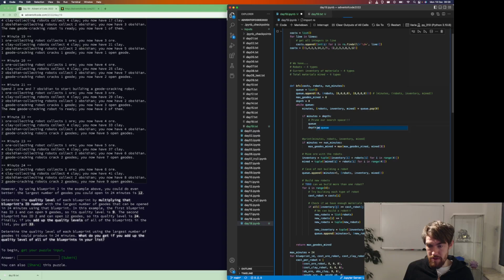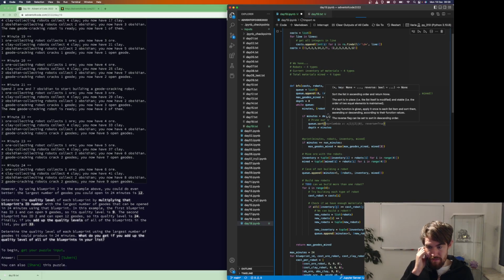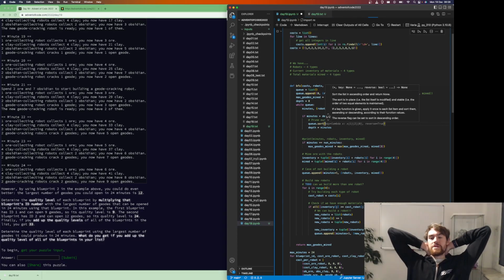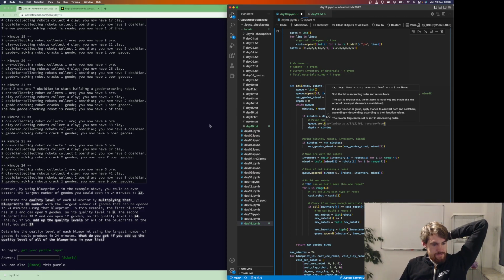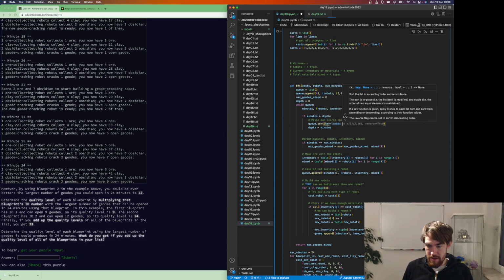So we can do q.sort. How do we determine the quality? Key is lambda x.